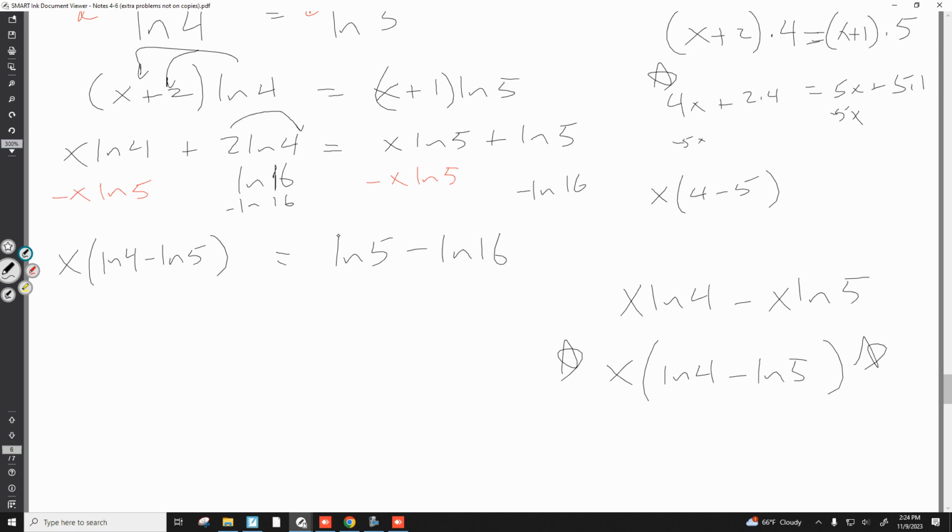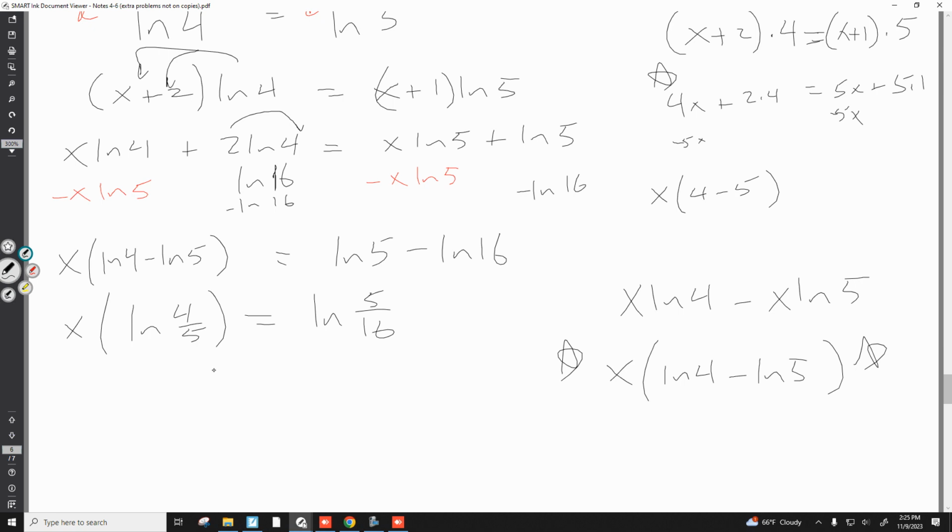But there is a log property that allows you to condense these ln's. This is ln 4/5. This is ln 5/16. You don't subtract the numbers. You use log properties to condense.